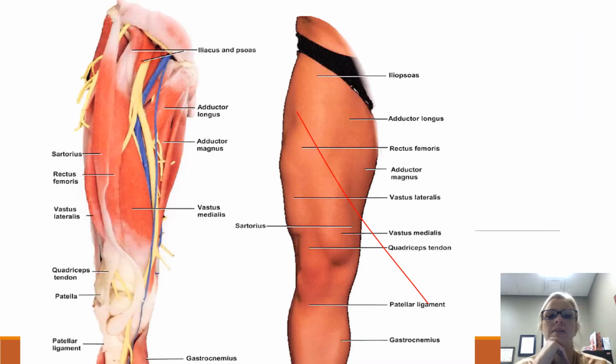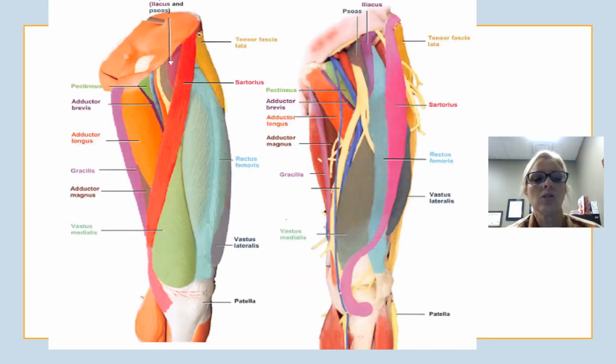All right, so here we can see the superficial muscles of the anterior medial upper thigh here, the leg, and this one is comparing to actual human anatomy from the superficial viewpoint. Here are the color coordinated diagrams, and I think these are great to actually take and draw these out.